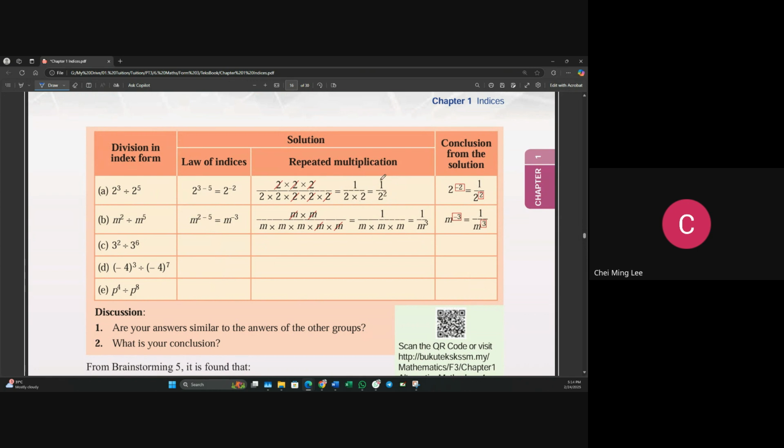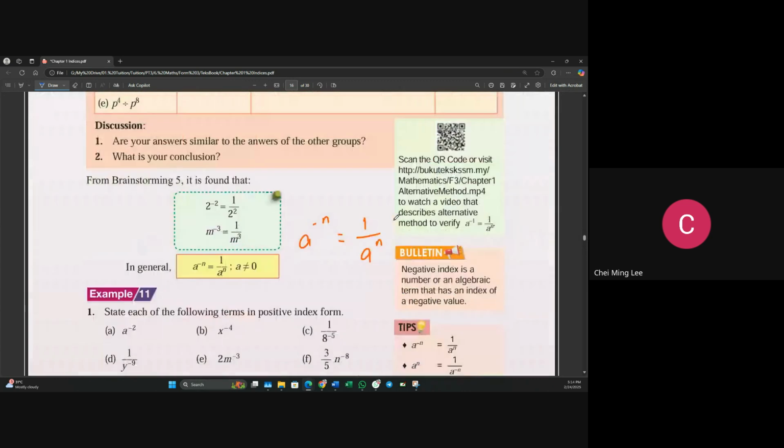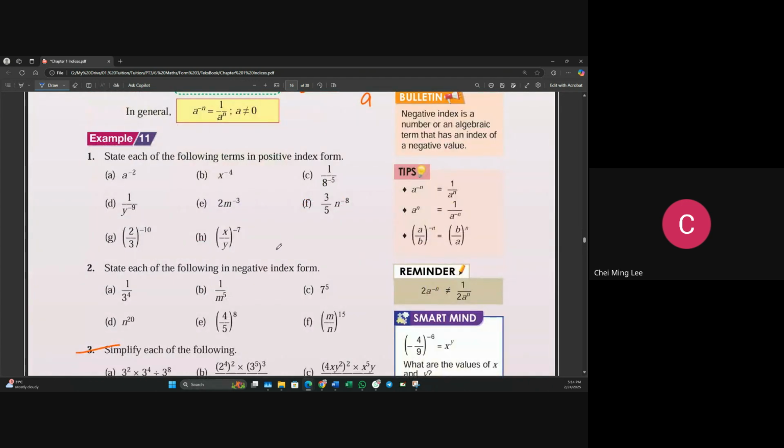So it becomes 1 over 2 to the power of 2. So in short, 2 to the power of negative 2 is equal to 1 over 2 to the power of 2. Same goes here. So we know that a to the power of negative n is equal to 1 over a to the power of n. So the negative indicates 1 over. Can you understand? So let's see this one.